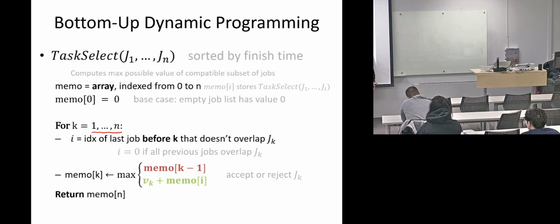This is just the same recursive formula, but observe that I don't need to recurse, because whatever I need, I have computed before. I want memo of k-1. It must be computed from the last iteration already. I don't need any recursion. And this one is just some i less than k, so I have computed it as well. So there's really no recursion, because everything that we ever need, we make sure that we have computed before.